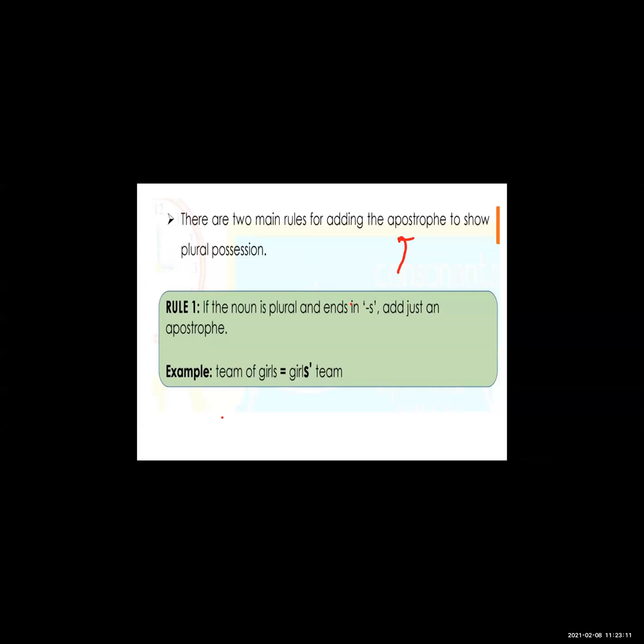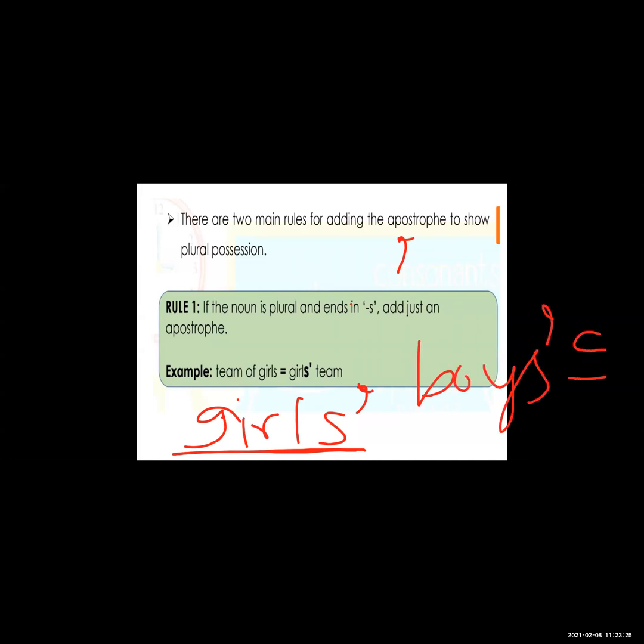See the example, girls. It is a plural noun, then you will add only apostrophe. Boys, only apostrophe. Here you will not add s with apostrophe. So see what is our rule. When the noun is plural and ends with s, just add an apostrophe.